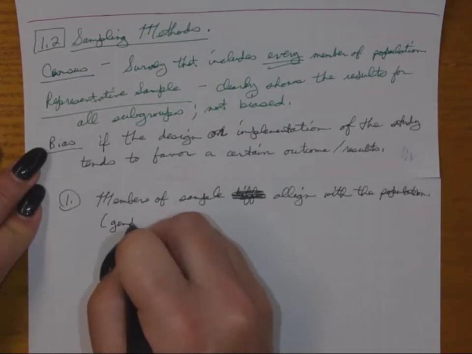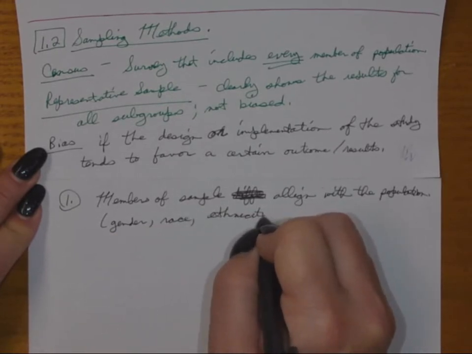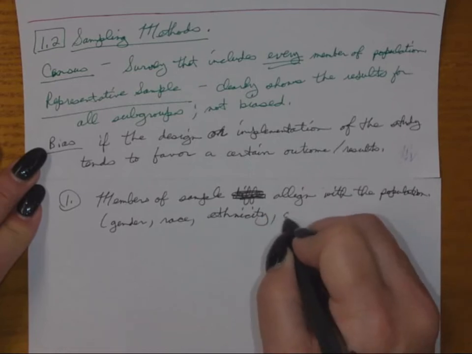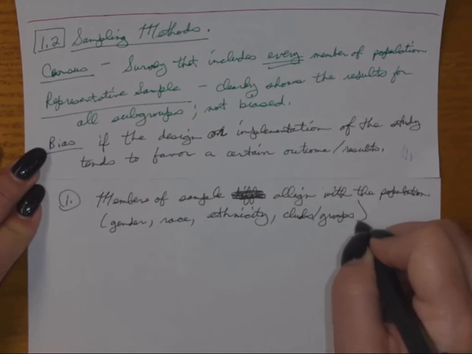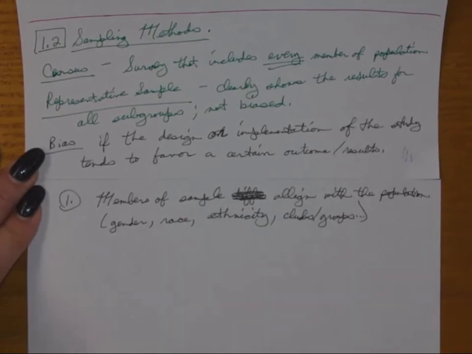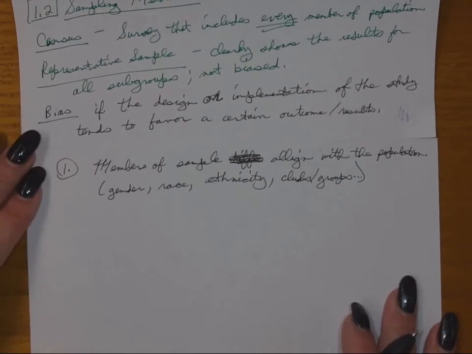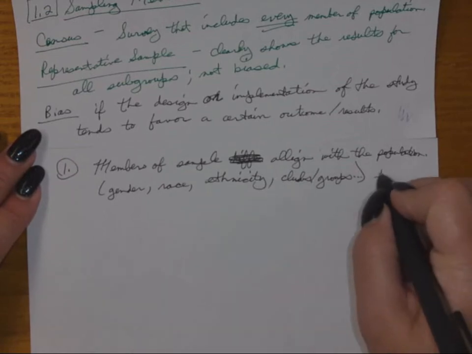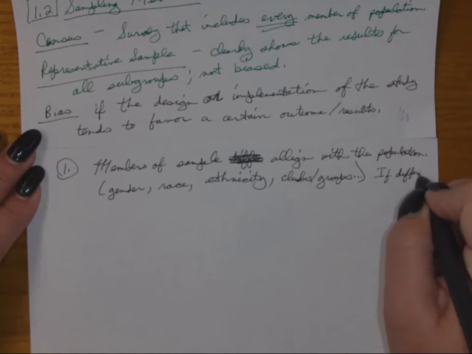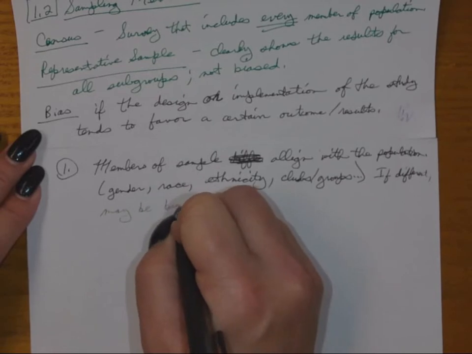So this is gender, race, ethnicity. For our purposes, it's clubs or groups that they're related with. Remember, we said fraternities and stuff like that. All of those things, we want to make sure that those things are aligned with the population. If they are different, then we might have bias. There may be bias.